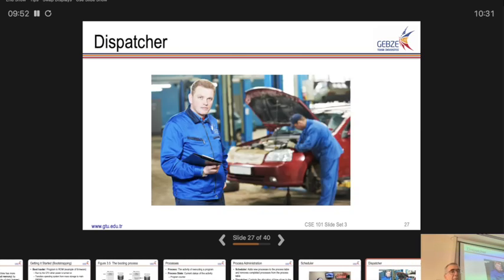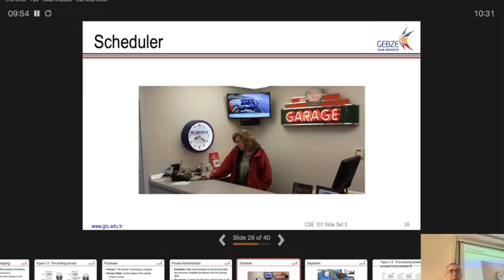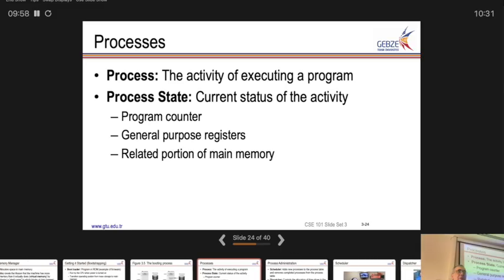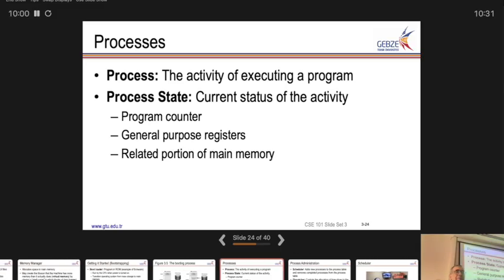Coming back to the process mechanic shop, the activity of executing a program is a process. You may write a computer program. A program is a program on the hard drive.